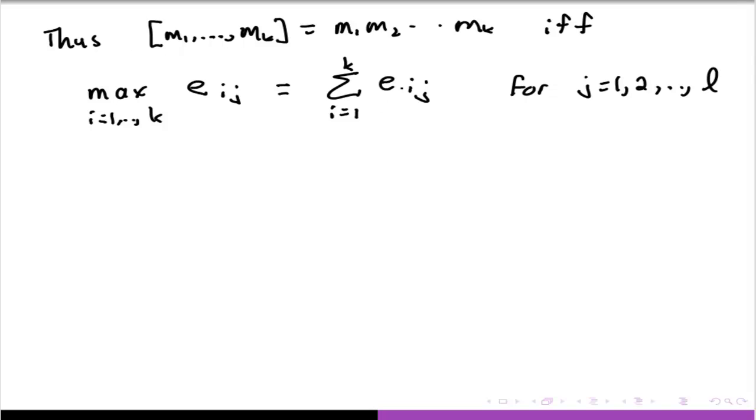The sum is the exponent we get for the product. Well, when is a maximum of a collection of numbers equal to the sum of the numbers?